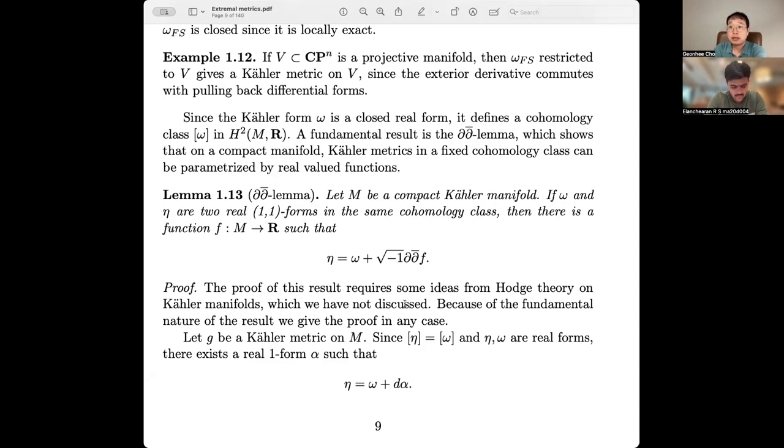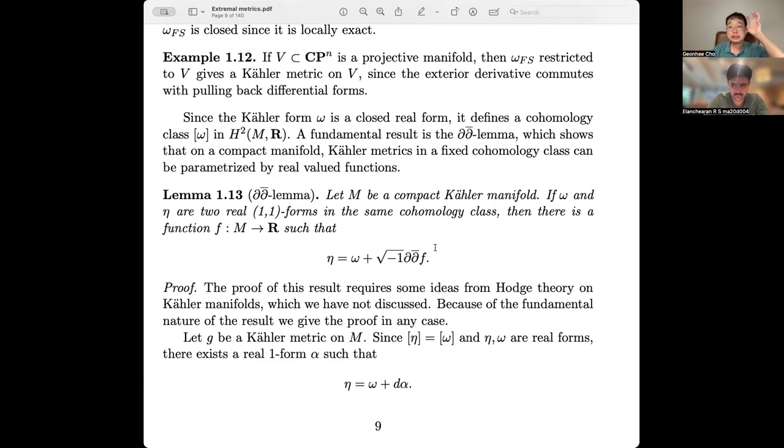That's the meaning. But instead of using the exterior derivative, we are able to find a real-valued function f so that the difference can be represented by i times partial d-bar of f. So in fact, they are equivalent.